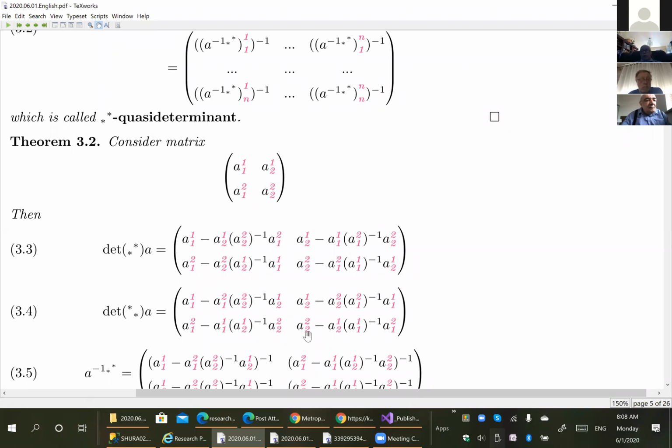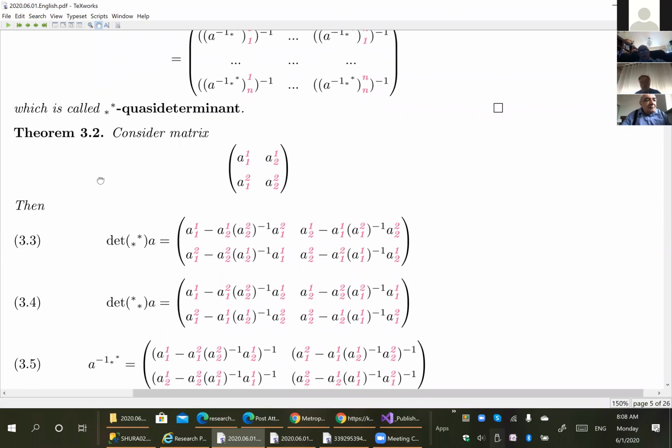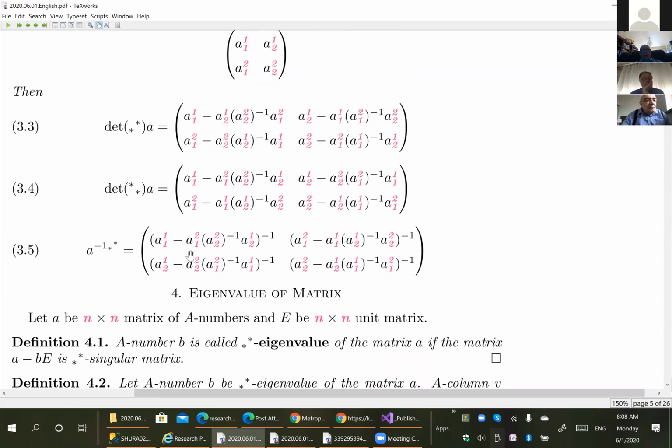So whether it is singular depends on the order in which I use the matrix in the product. Now, the inverse matrix: if you compare these two expressions, you see that this is the transposition of the matrix, and I take from each element its inverse. So this is the inverse matrix. We will use this later in some calculations.